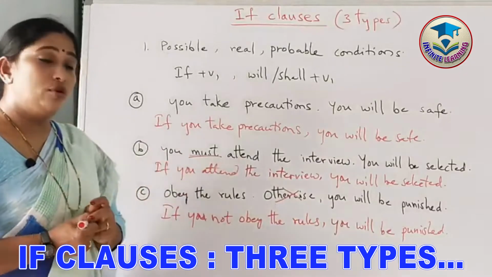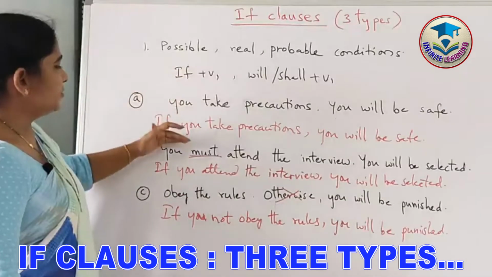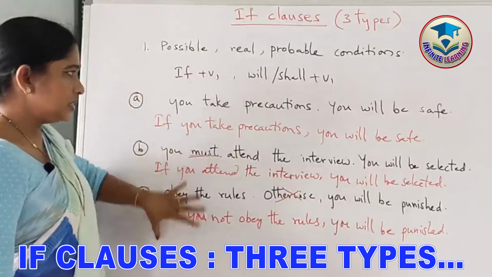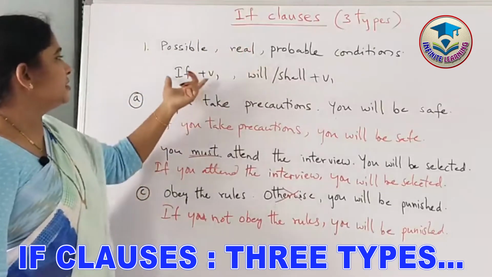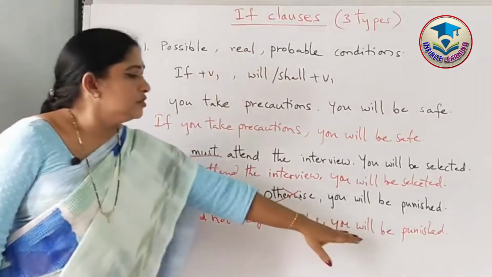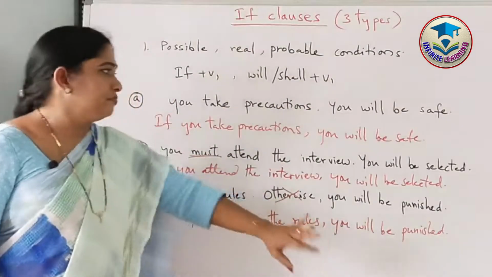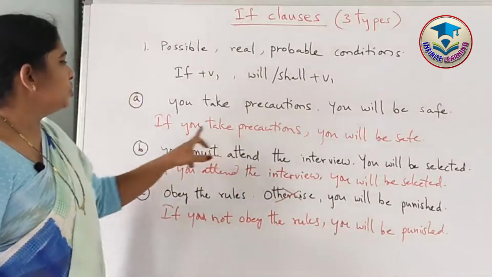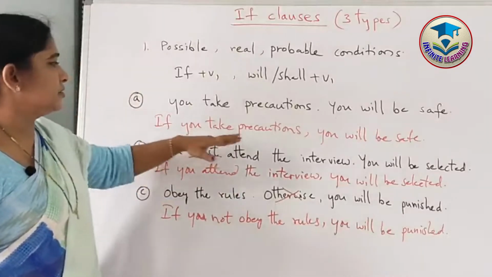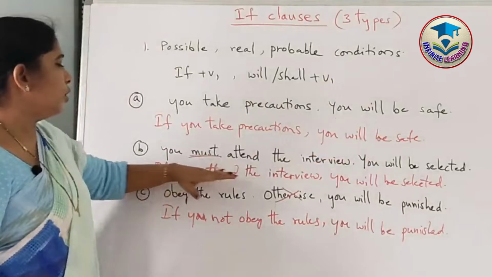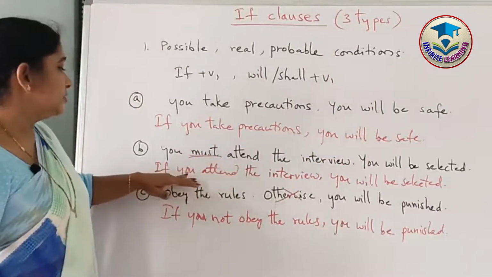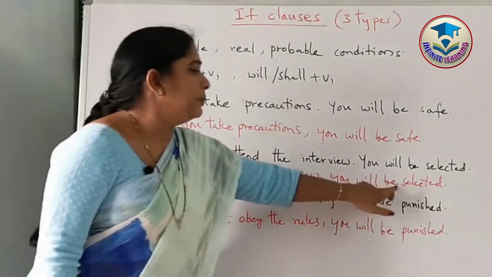So applying the if clause, you see three different types of sentences I had given here. But those three come under the first type only. In the simple present tense you get the first half, and simple future you get in the second half. If you take precautions, simple present, you will be safe. If you attend, subject plus V1, you will be selected.